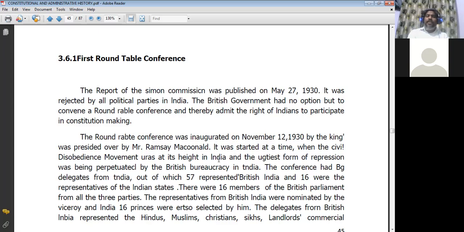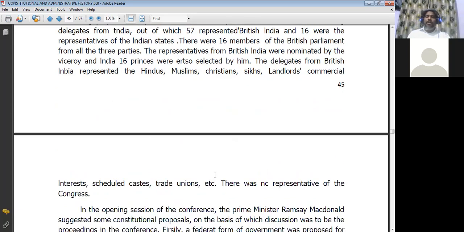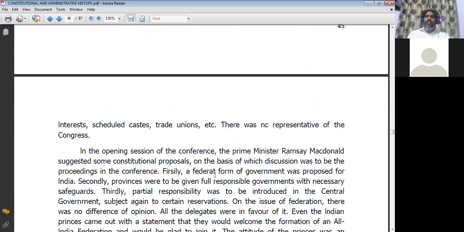The representatives from British India were nominated by the Viceroy. The delegates from British India represented the Hindus, Muslims, Christians, Sikhs, landlords, commercial interests, scheduled castes, trade unions, etc. And there was no representative of the Congress.